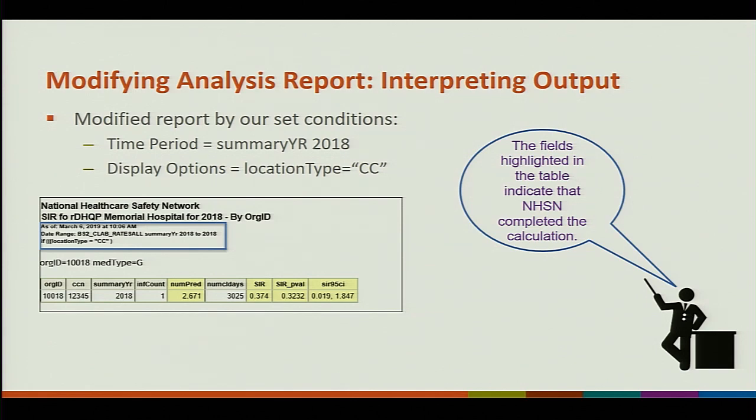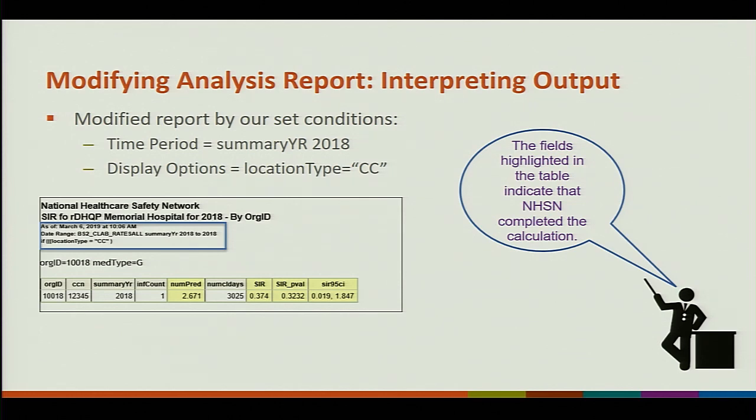You will also notice that there are certain rows here that are highlighted in yellow. That indicates that the NHSN analytics, our risk adjustment models, were applied, and those are NHSN calculations. That's nothing that you inputted or incorporated specifically. You didn't do anything to generate that calculation except put your data in.